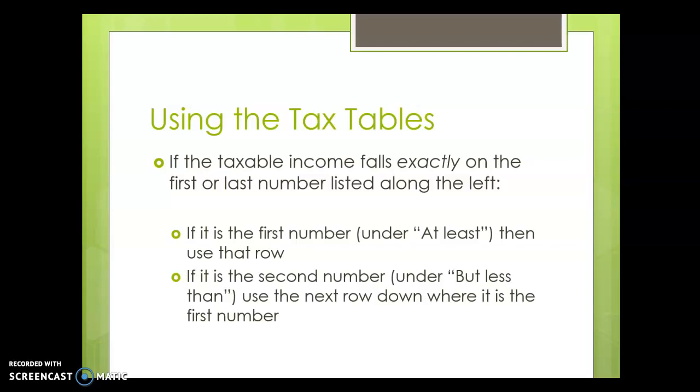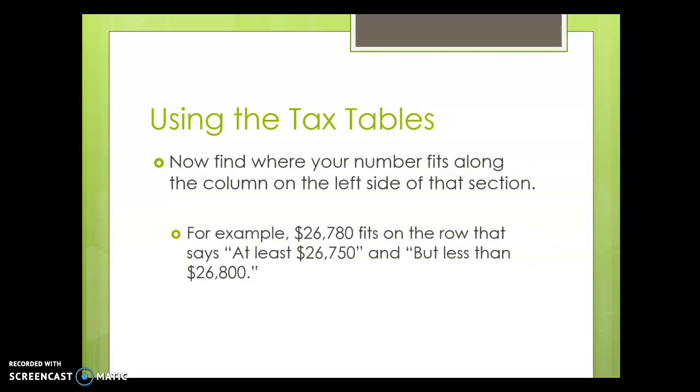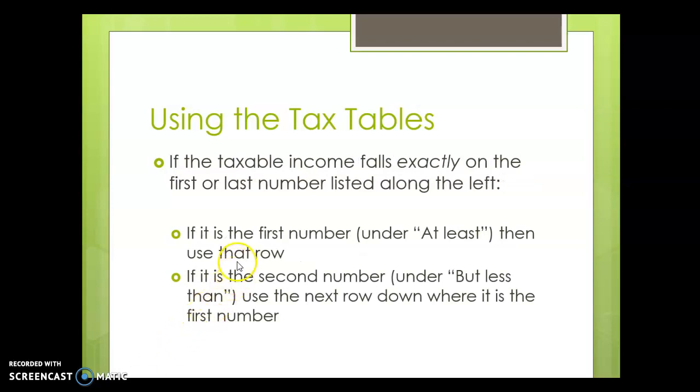Here it's telling us that if your taxable income falls exactly on the first or last number, in other words, if our taxable income was exactly $26,750 or exactly $26,800, then you want to make sure that the number you're looking for is in the at least column, which is the first column.